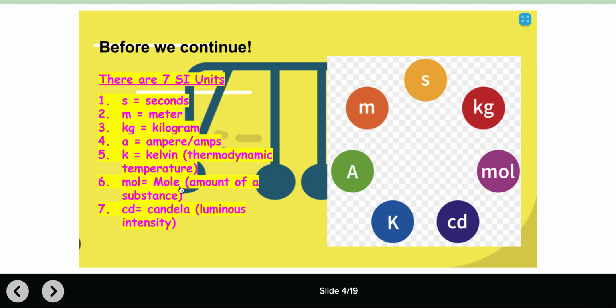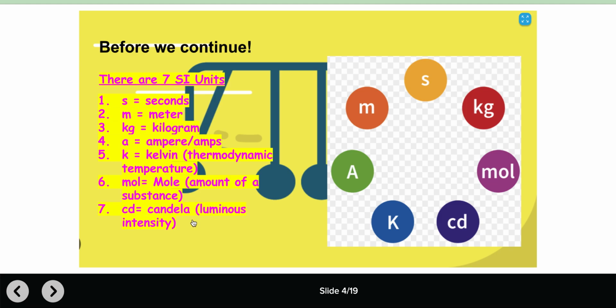After that, we have mole, and the abbreviation for that is just the same word, but they took away the E. Like, they were super lazy about it, right? But all mole stands for is the amount of a substance that is being used.